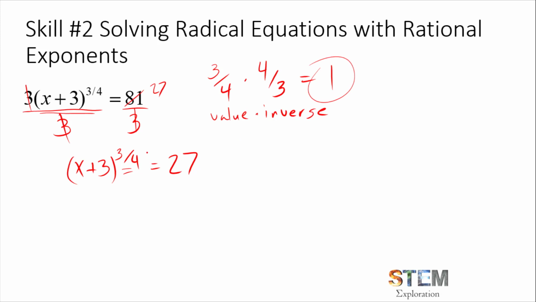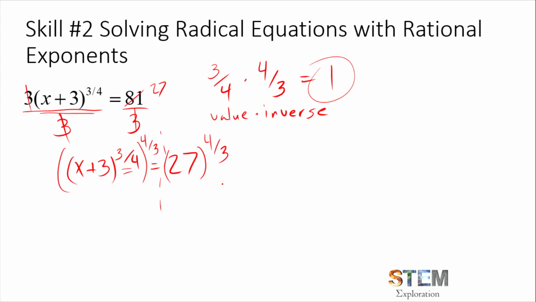So we're going to take the 3/4 power here and multiply it by its inverse, because multiplying these two values gives us x plus 3 to the first power. But then we also need to apply that to the 27. Whatever you do to one side of the equation, you have to do the exact same thing to the other side.